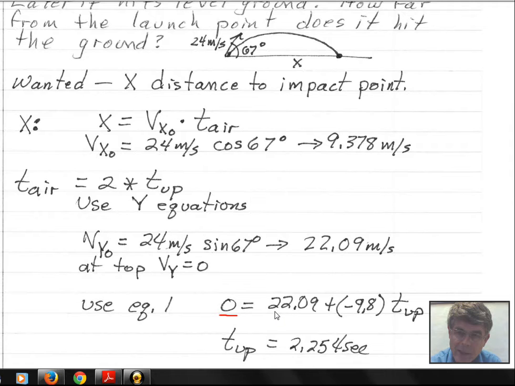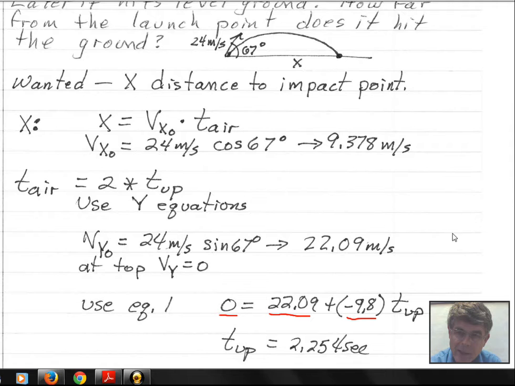We're only interested in what's happening vertically. So at the top of the motion, 0 meters per second. Our initial vertical motion is the y component, 22.09 meters per second. Our acceleration is negative. I'm working this problem with up being the positive direction. And then we have time up over here. So the time up is 2.254 seconds.